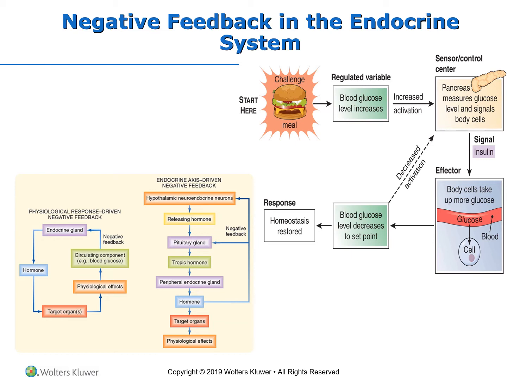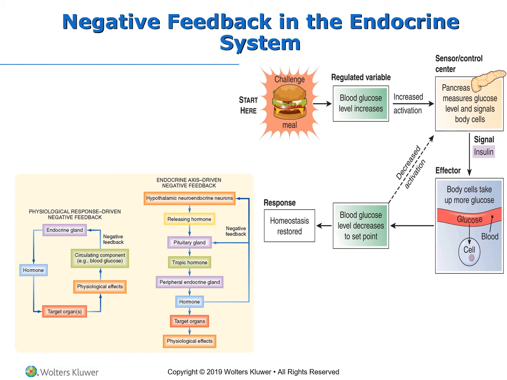However, that hormone, because it's an endocrine gland, because it's continuously flowing and being distributed through the bloodstream, will at a certain point reach back both the pituitary gland and the hypothalamic neurons, and through the same negative feedback loop will inhibit, will reduce the function of those, and will prevent the hyperstimulation both of the peripheral endocrine gland and the hyperstimulation of the target organ.